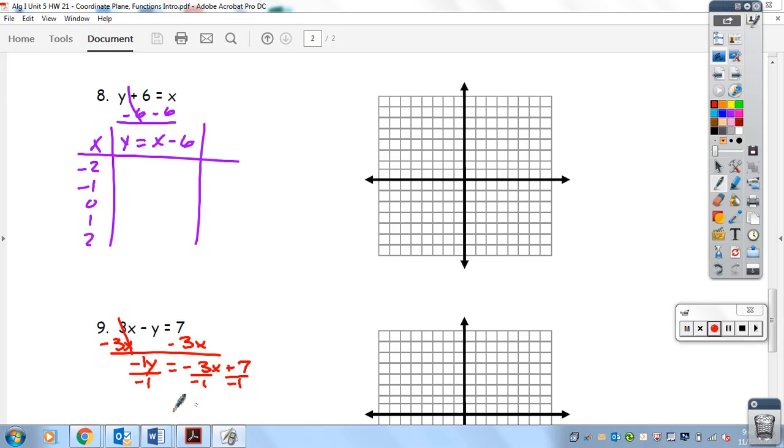Every term gets divided by -1. And it's y equals, negative over negative is positive, 3x minus 7. And now this is my equation that I make my table based off of. Obviously, if you don't get the equation correct, your table is going to be wrong, and if your table is wrong, your line is going to be wrong. So you need to know how to solve and rewrite equations correctly first.